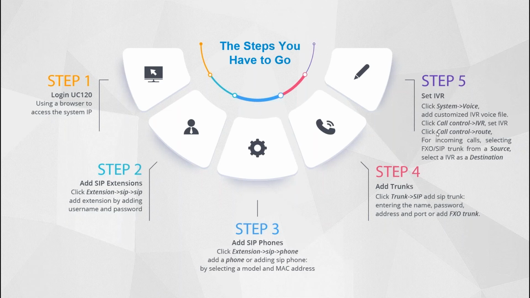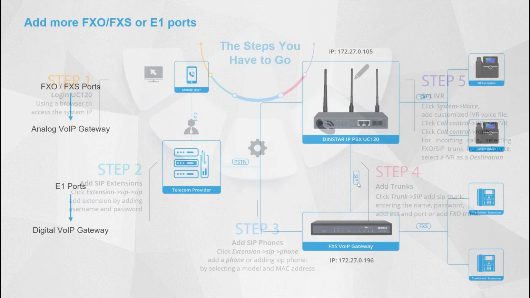SIP trunk, you connect to the SIP trunk, maybe the remote side is a service provider or IMS provider, or maybe you connect to our gateway here. FXO trunk, sorry. By default, our UC 120 offers one FXO port already, so just add the FXO port. You don't do anything. So it's quite simple.